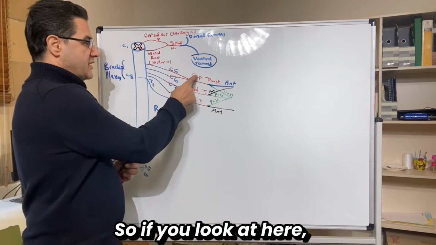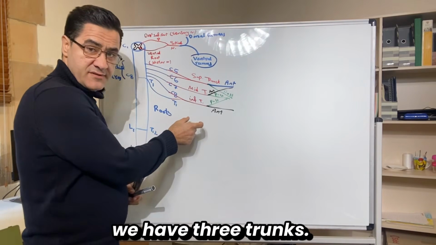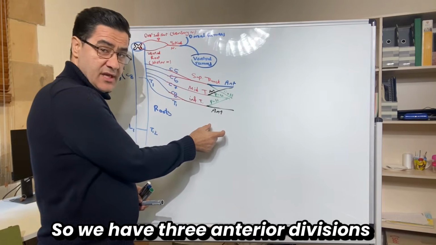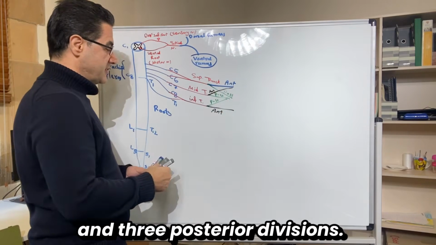So if you look here, we have three trunks, so we have three anterior divisions and three posterior divisions.